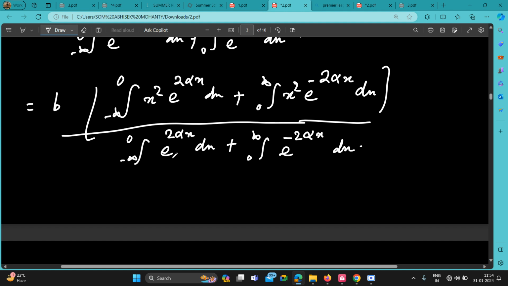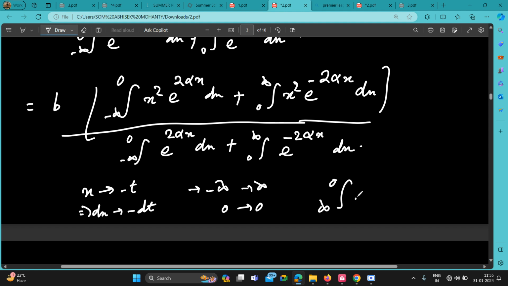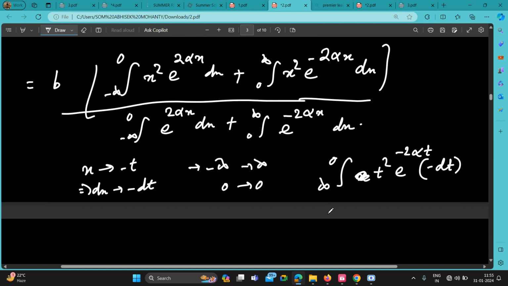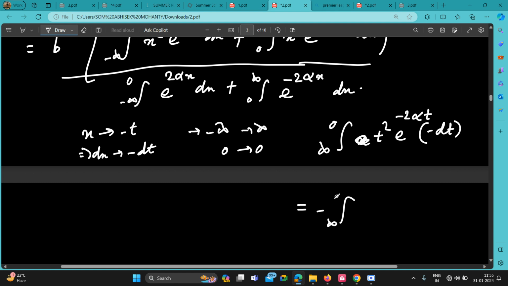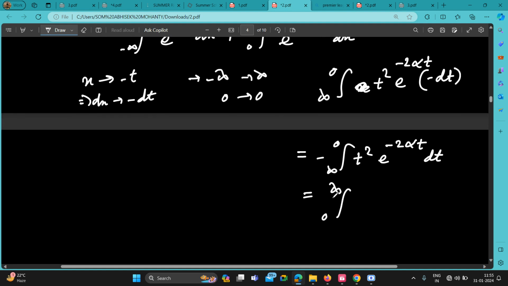For that we need to change this one. So what will I do here? I will take x equal to minus t, dx equal to minus dt. Now the limit minus infinity will change to infinity and 0 will be 0, so the limits will be infinity to 0, with t square e to the power minus 2 alpha t times minus dt. Now the minus goes out of dt, and this minus can change the limit again. That will be 0 to infinity t square e to the minus 2 alpha t dt.